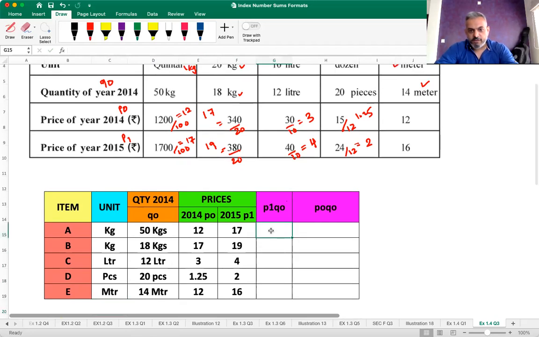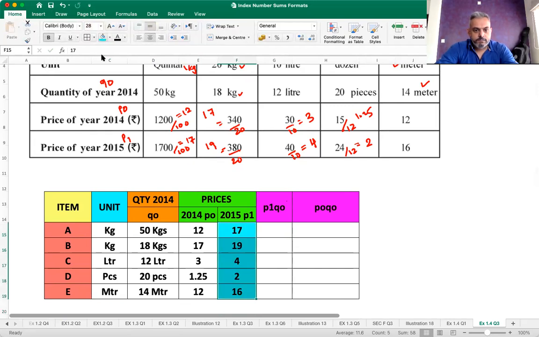Now let's calculate P1 Q0. So P1 and Q0. 17 into 50, 850.